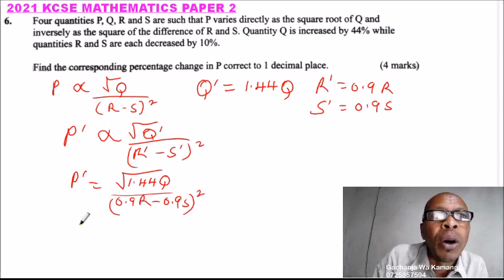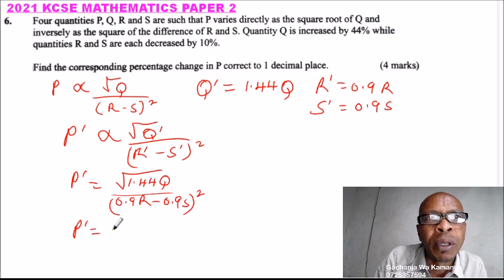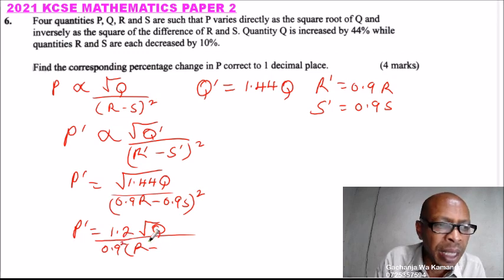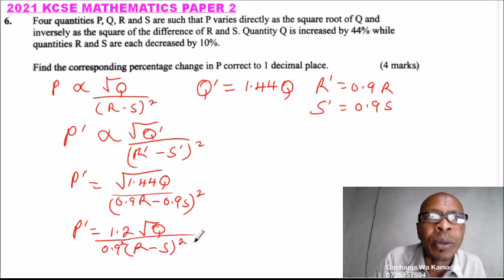Now we can say our new P is equal to the square root of 1.44, which is actually 1.2, times the square root of Q. You divide by, we factor out 0.9 since it is common for both R and S, and this is squared, so you have R minus S squared.